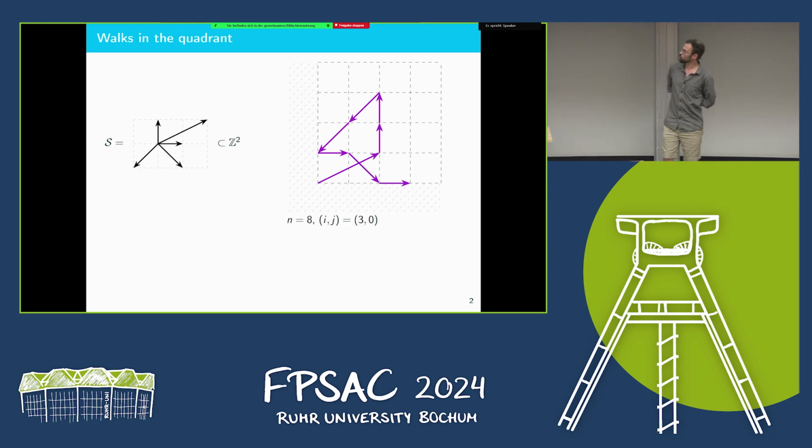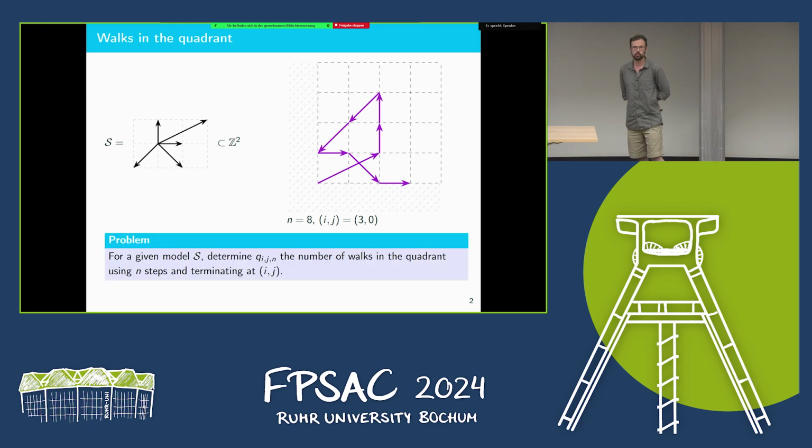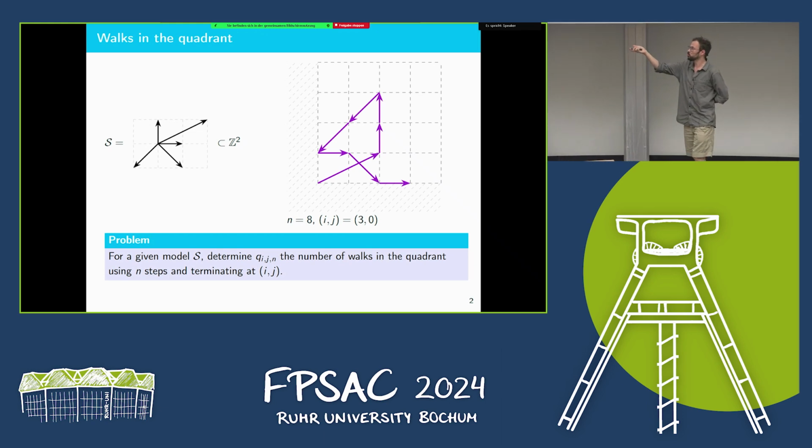So to such a walk, you may have some statistics. Here I show you n to be the number of steps the walk uses, and we also account for the ending point. So here the walk terminates at the point (3, 0). And so the natural question is to determine the number q_{i,j,n} of such walks using n steps terminating at a given point.